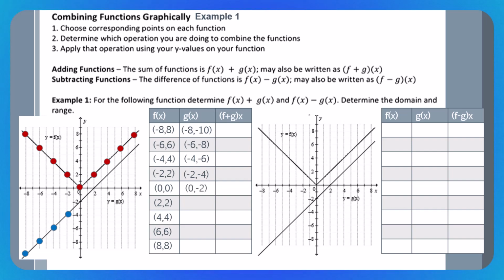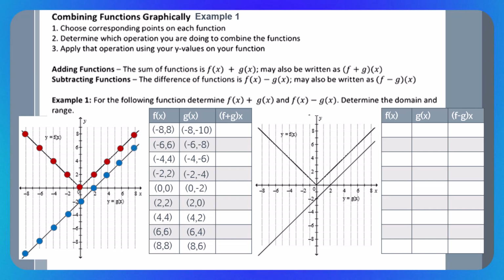And then at 0, it goes down to negative 2. And then at 2, we're at 0. And then at 4, we're at 2. 6, we're at 4. And 8, we're at 6.